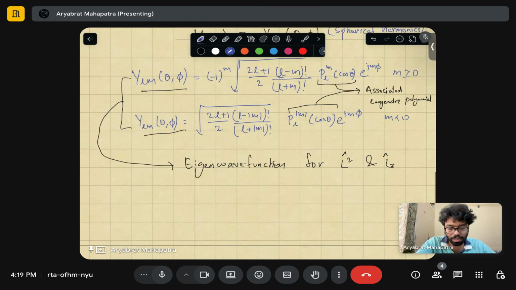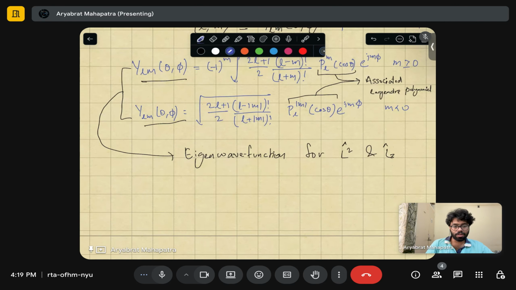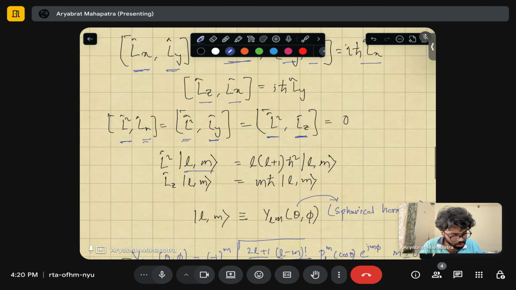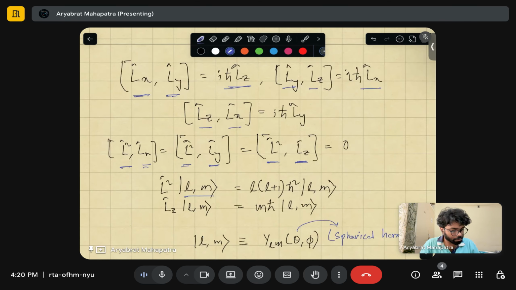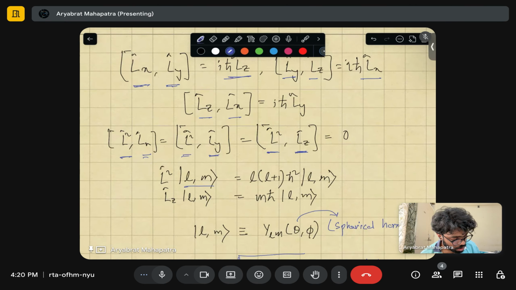So this is just a brief idea. I was telling you these are your spherical harmonics. These are your angular momentum eigenstates. So what happens if you operate L square?